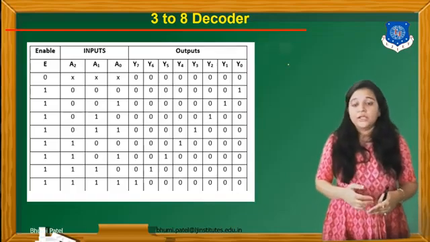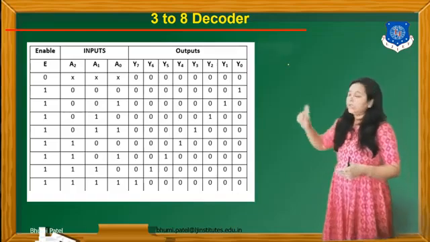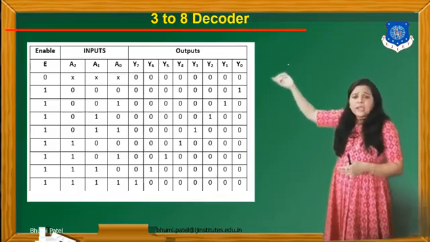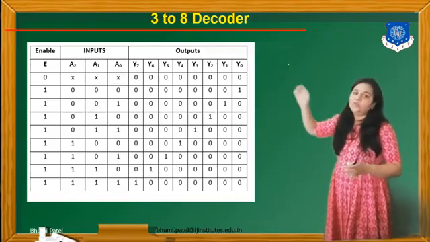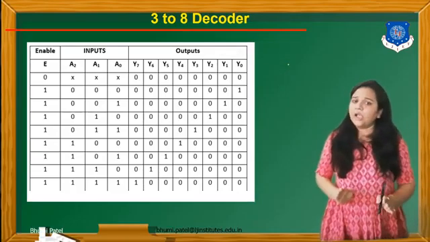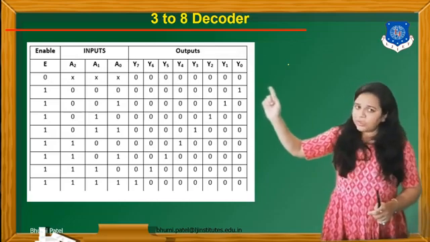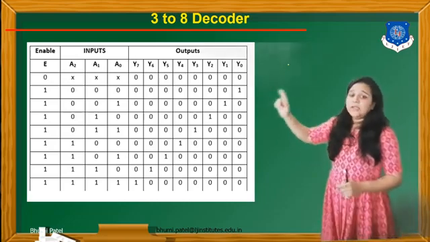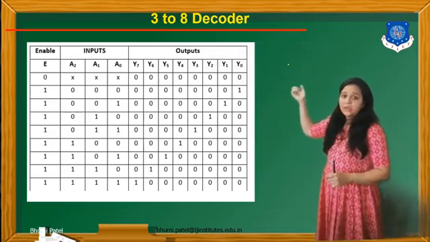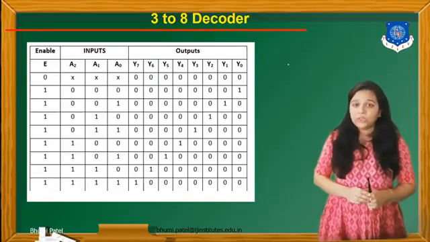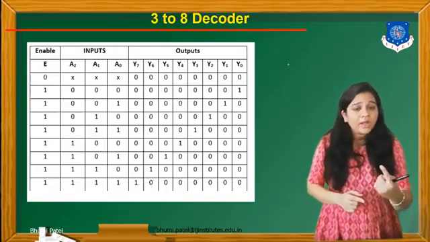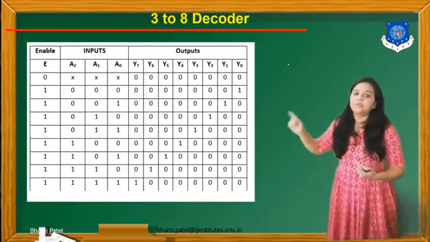The first possibility: if enable is 0 and the inputs are any combination of high and low, we cannot get the output, so all the outputs will be 0. Next, if enable is 1 and all the inputs are low, we get one output high, that is Y0.